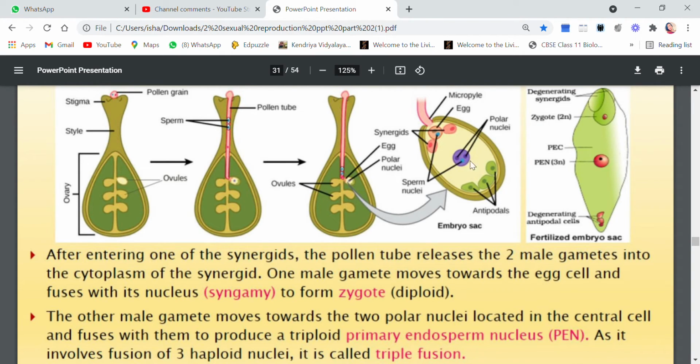So this is also known as triple fusion. The first fusion was known as syngamy and the second fusion as triple fusion. The first fusion resulted in a zygote, which was diploid, and the second fusion results in the primary endosperm nucleus, which is triploid. Triploid, right?